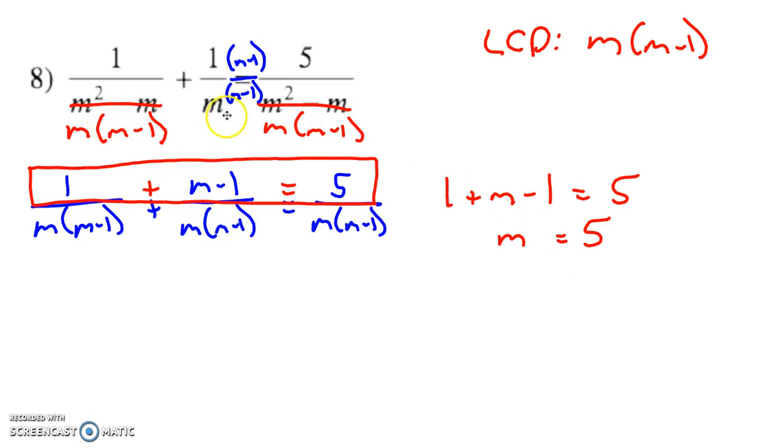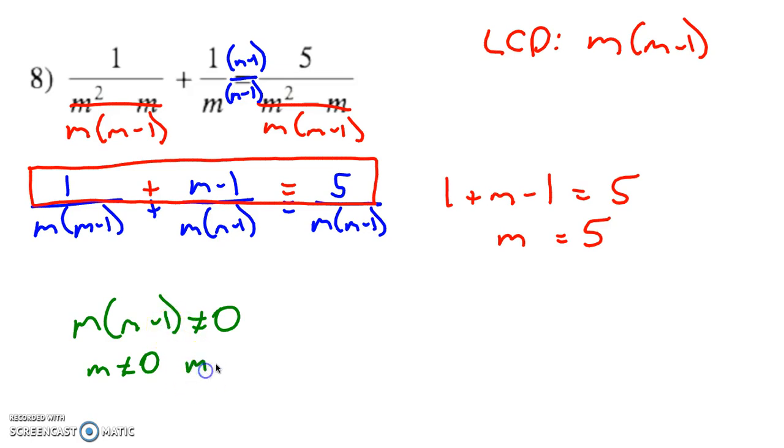In this case, as well, I can't have any of my denominators equal to 0. That tells me a couple of things. I can't have this first denominator, m times m minus 1, be equal to 0. That means that m can't be 0, but also this part can't be 0.